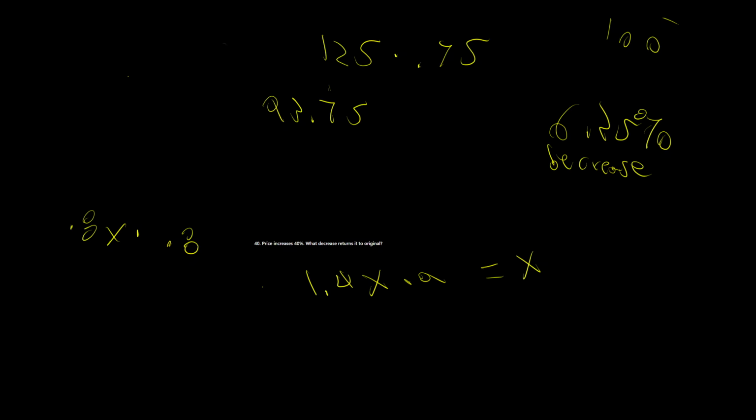Okay, so we can write out this thing as 1.4x times some quantity a. It gives us back x. We can divide both sides by 1.4x. This cancels out, this cancels out. So we get a is equal to 1 divided by 1.4, which is approximately 0.714. Let's just put 0.714.